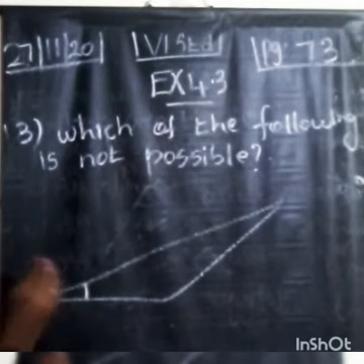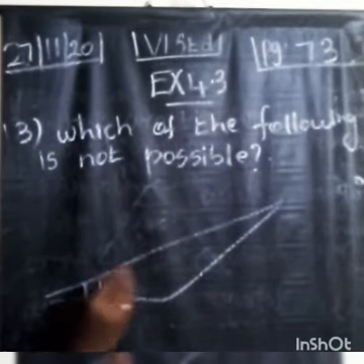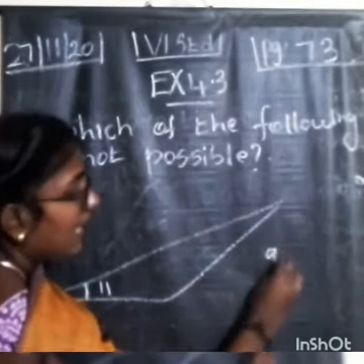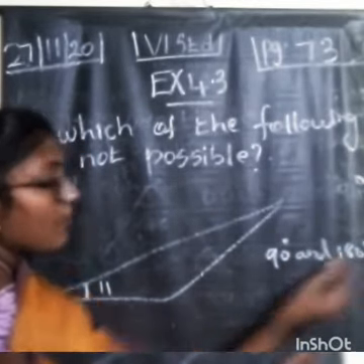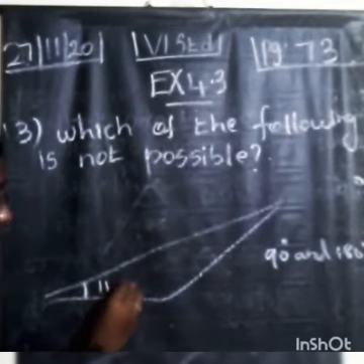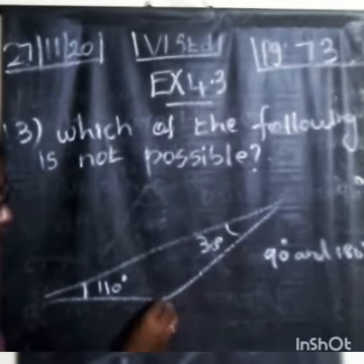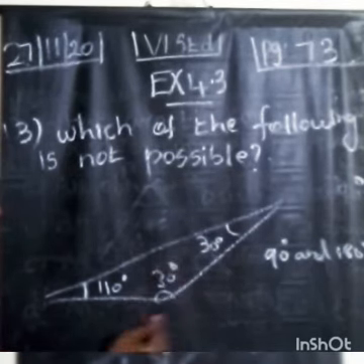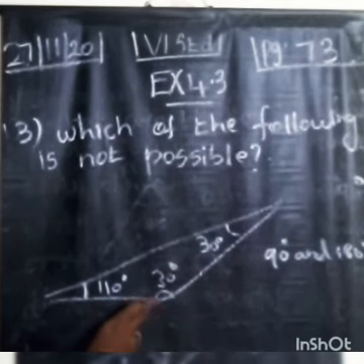But in an obtuse triangle, one of the angles should be between 90 degrees and 180 degrees, like 110 degrees and 30 degrees, and only two sides are equal.